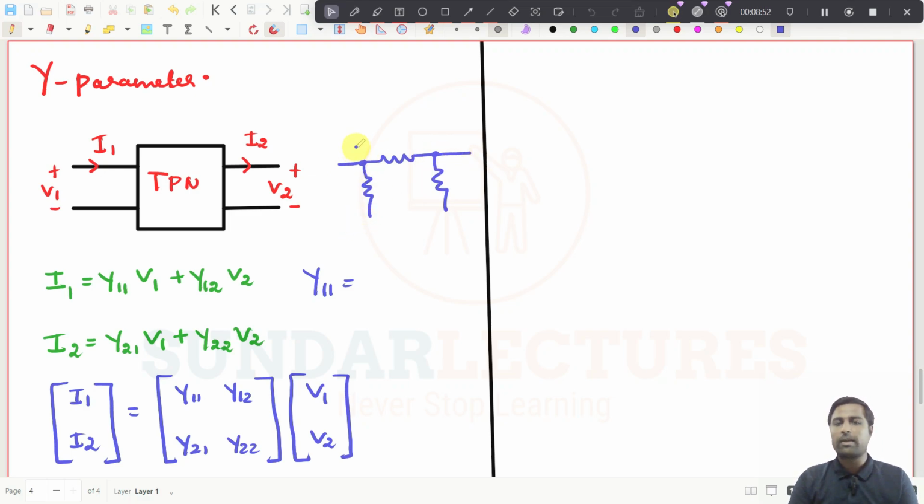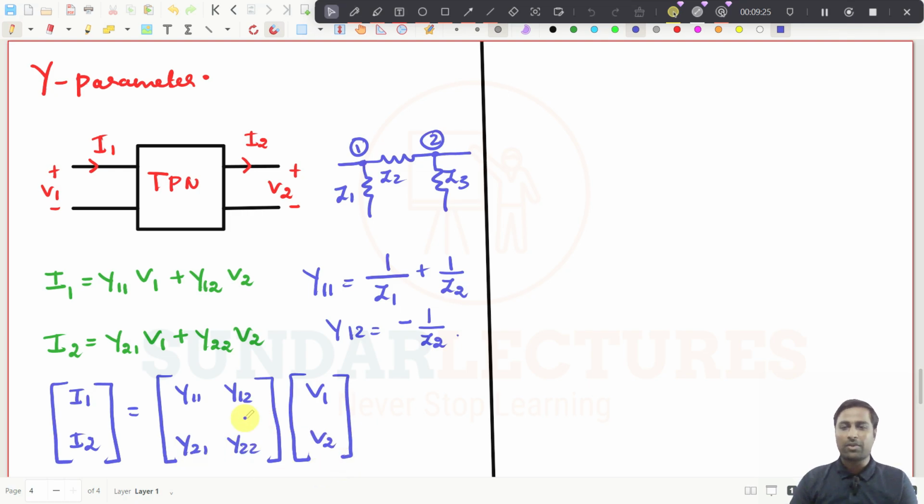So if this is port number 1, this is node number 1 and this is node number 2, what will Y11 be? Maybe if this is Z1, this is Z2, this is Z3, then Y11 will be equal to 1 by Z1 plus 1 by Z2. It is possible, right? Then Y21 or Y12, either one, will be minus 1 by Z2. Like that you can write down the expression. You can refer to my inspection method of getting the nodal voltage analysis equations. You can easily understand these kinds of things, right?